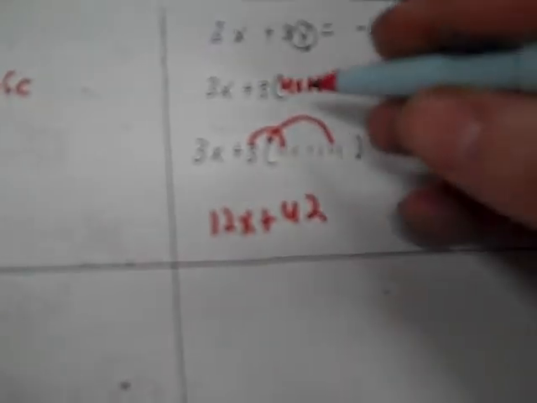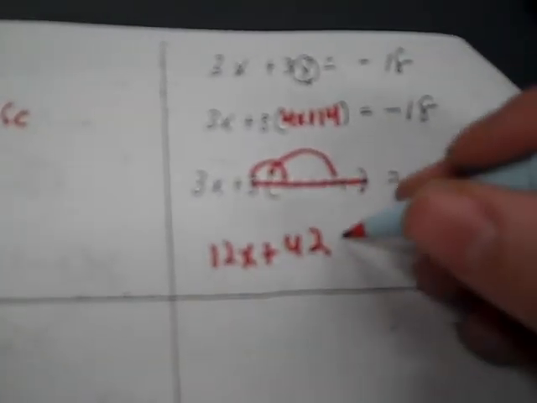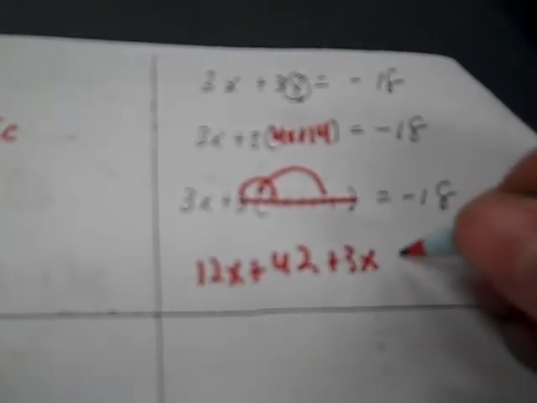Okay, so draw your rainbows. So 3 times 4x is 12 with x. And 3 times 14 is 42. Okay, as soon as you write those two things, cross out that. Before you have equals, you still have a 3x that needs to be added, equals negative 18.